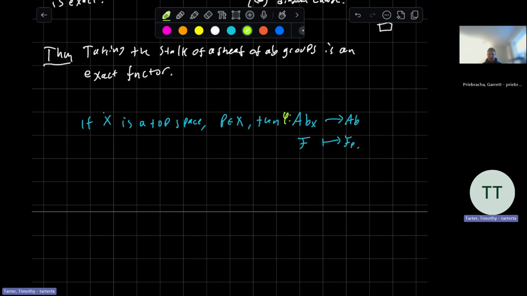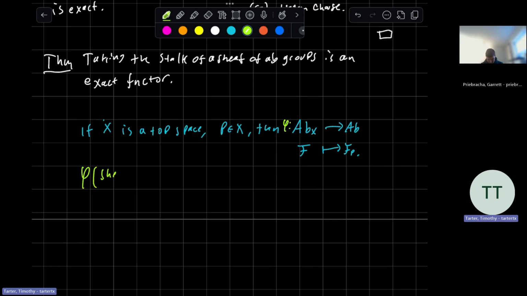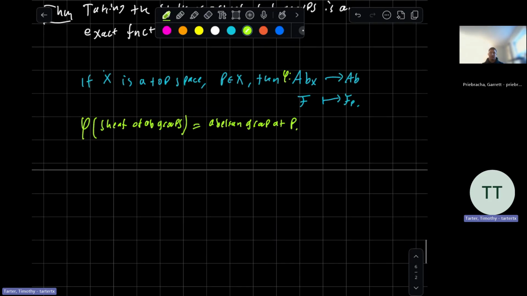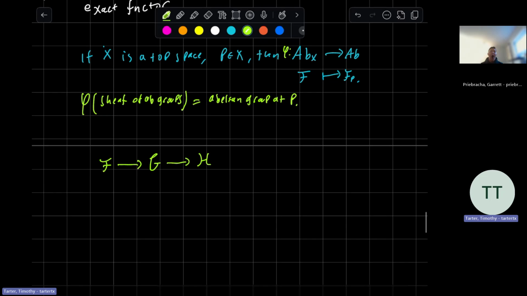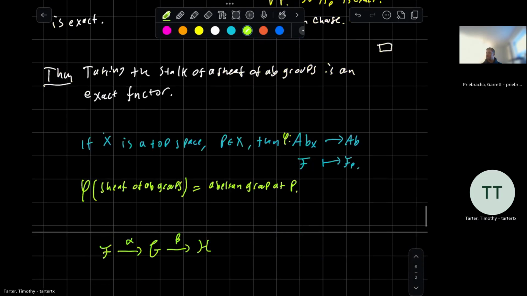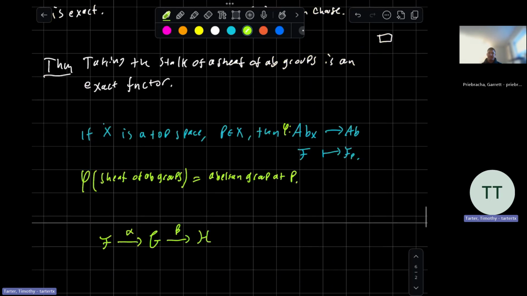If we have phi, really what we're saying is that we're sending a sheaf of abelian groups to the abelian group at P. This is why it's a functor, and the fact that it's an exact functor means that if we have a sequence of sheaves of abelian groups and we stalkify all of them, so if we have F going into G going into H with alpha and beta, well, we've already shown that if this is exact, then stalkification is also exact.